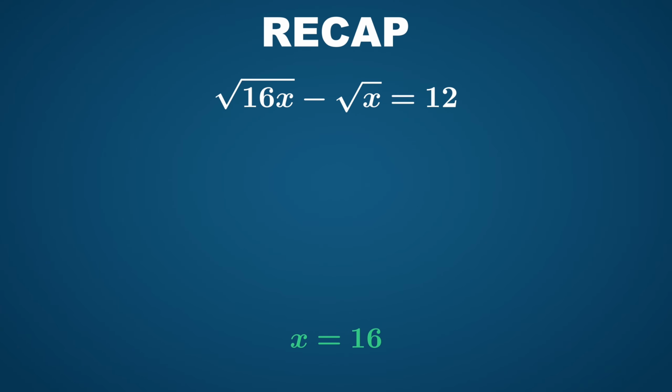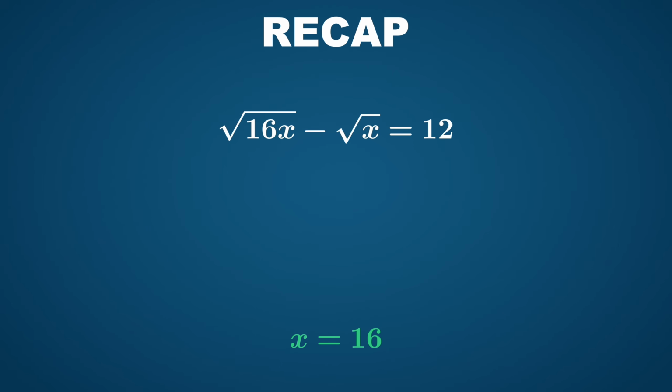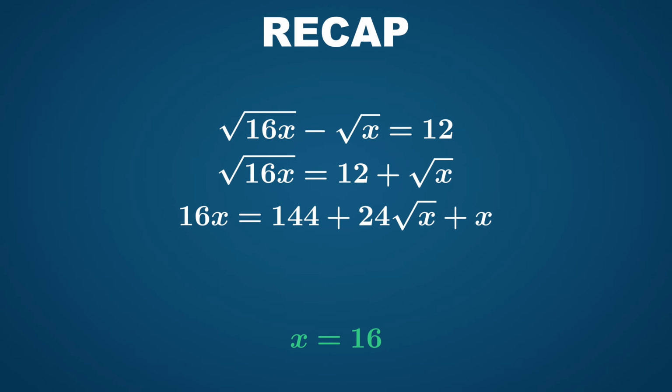Let us walk back through the whole solution once more. We started with root 16x minus root x equals 12. We isolated the first radical by moving root x across. Squaring once produced 16x equals 144, plus 24 root x, plus x. Tidying up and dividing by 3 gave 5x minus 48 equals 8 root x.